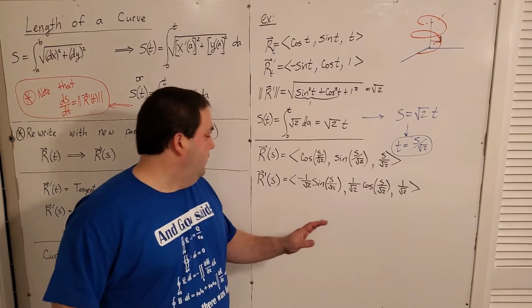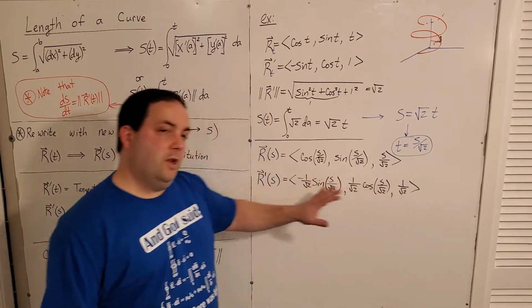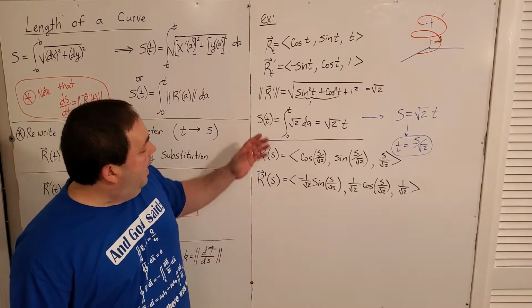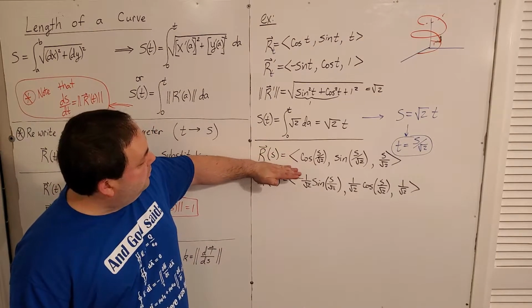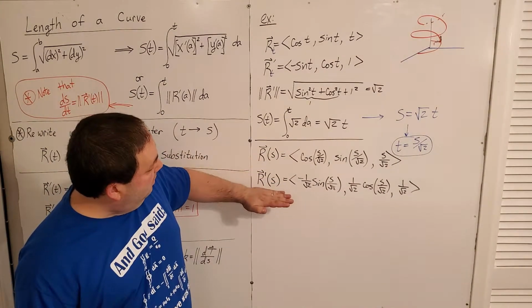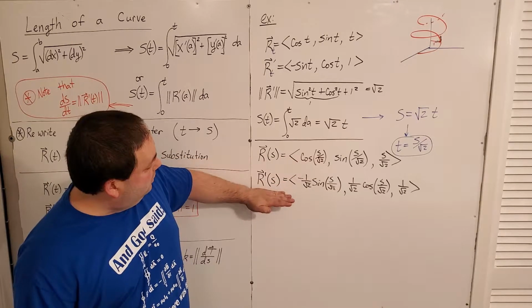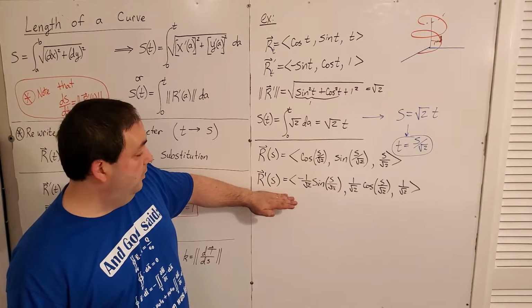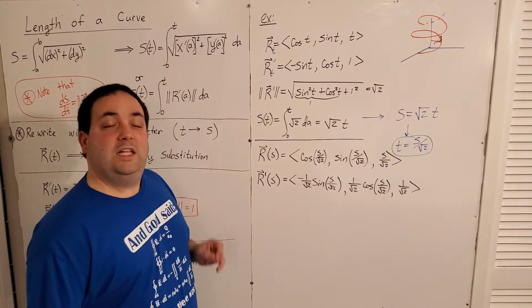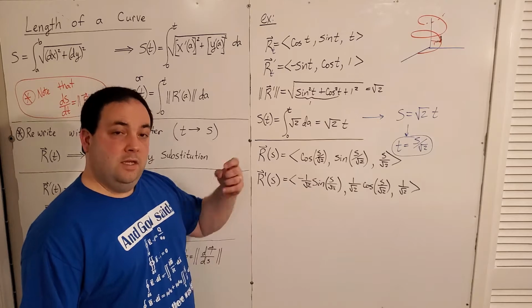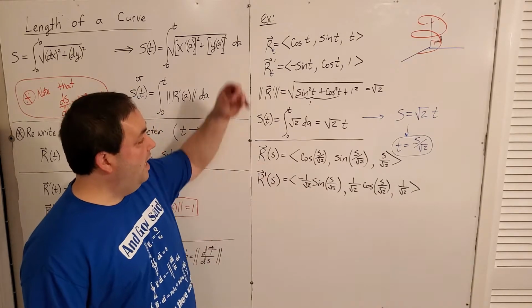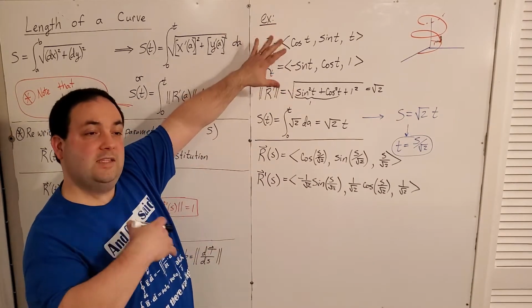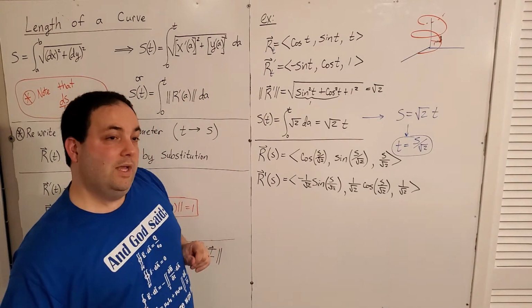All right. So right here, one of the things I'm going to show you that I want you to notice is that reparameterizing the original vector function and then finding that vector function's velocity vector, its derivative vector, its tangent vector here, will automatically give us a unit tangent vector without having to go through the process that we did last time of finding the derivative and dividing by its length.